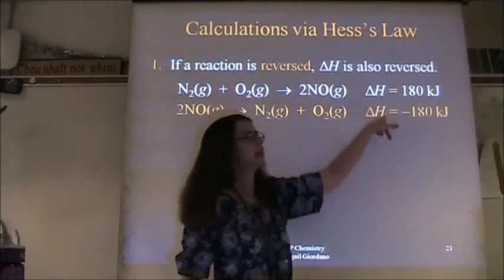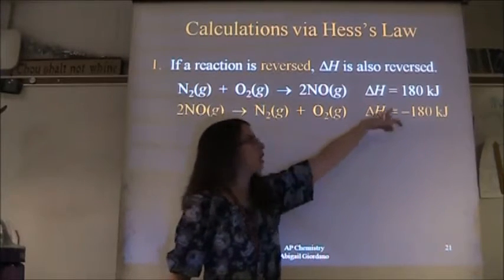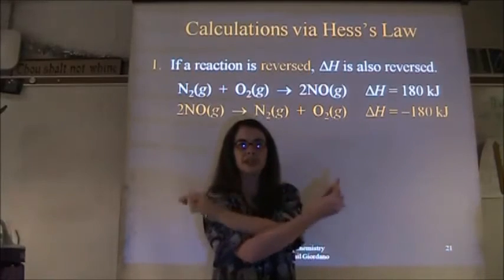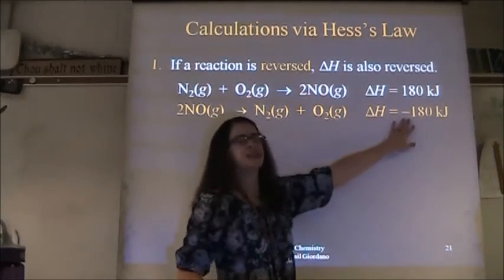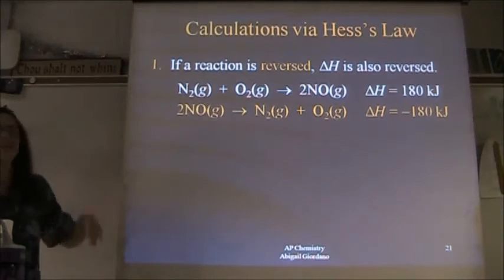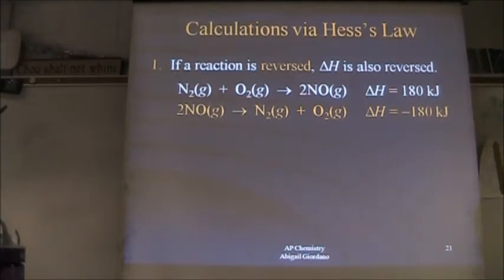That should make sense to you. If it was endothermic in one direction, if you reverse it, now it's exothermic. When I say that you are going to have to manipulate these equations, you might have to flip some of your elementary steps. That's something you may have to do.